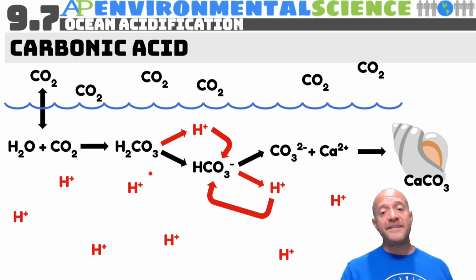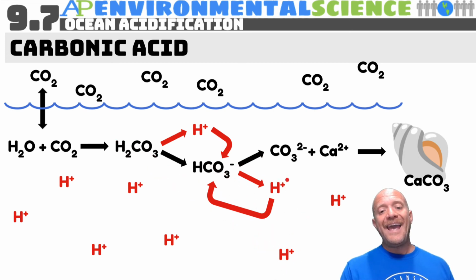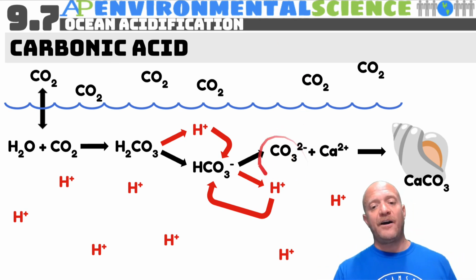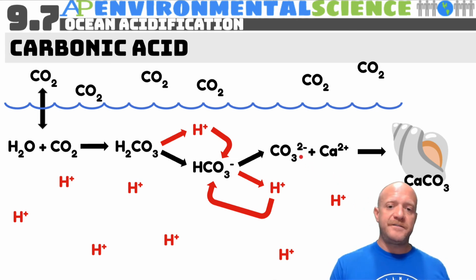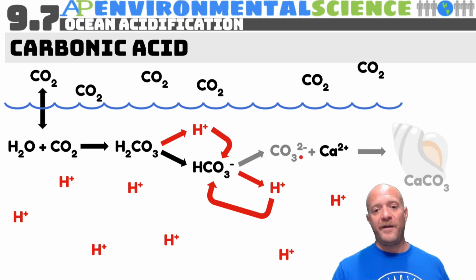So when you have all of these hydrogen ions, there's a very strong possibility that they will bind with one of these other ions. And the whole point of this is you want the carbonate to be by itself in order to bond with the calcium. So when you're adding more H pluses, you're basically pushing this reaction backwards. And that's a bad thing because it's preventing the calcium carbonate from forming.